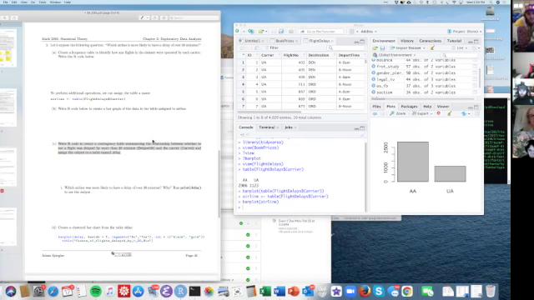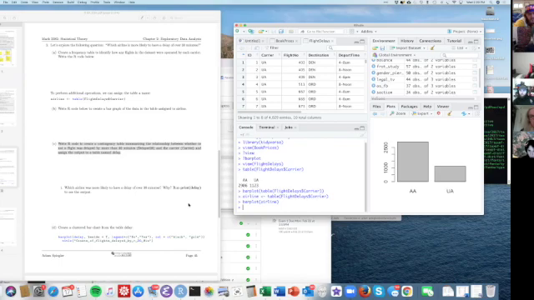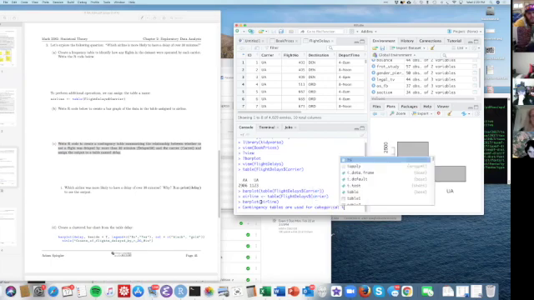So if we want to create a contingency table, first thing to note is that contingency tables are used for categorical data. So it wouldn't make sense to look at a contingency table for the flight length in terms of minutes.